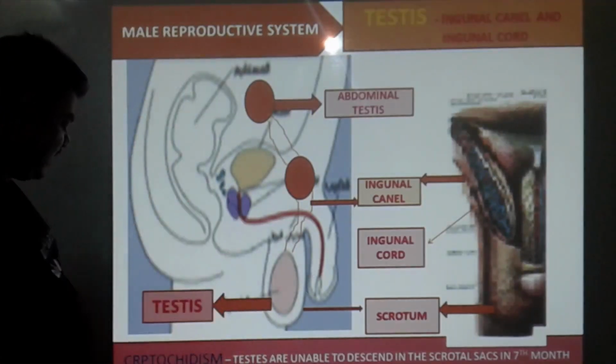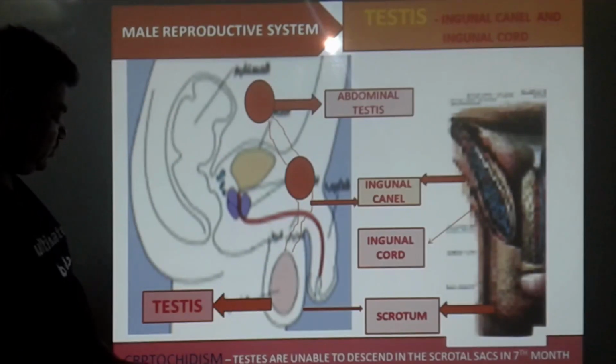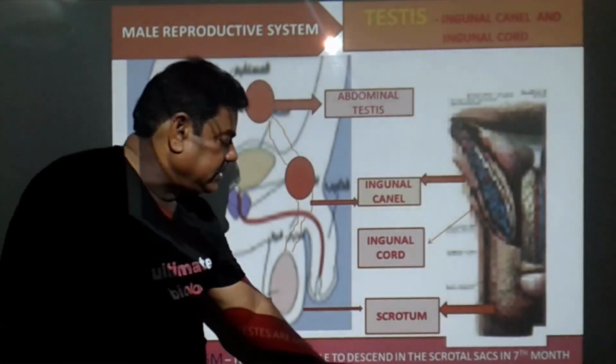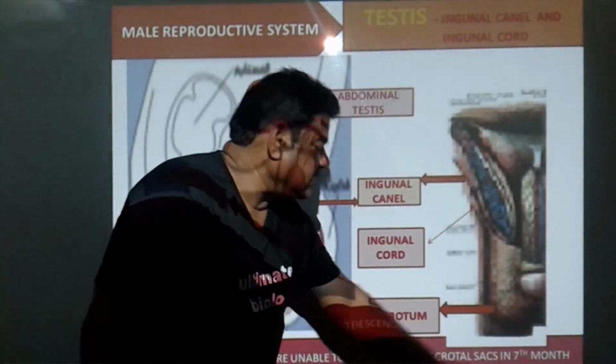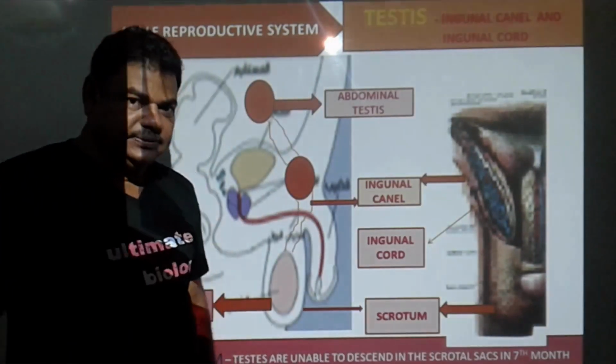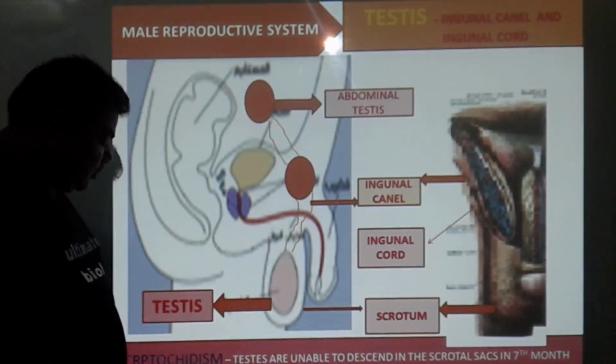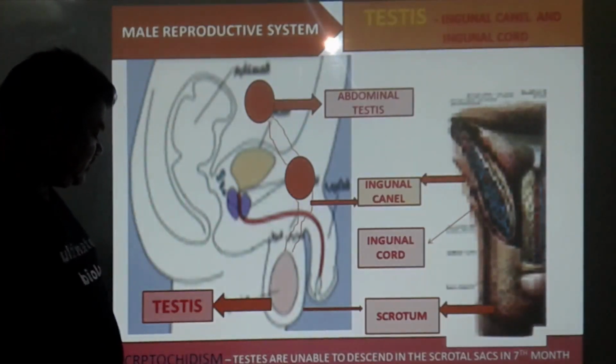That disorder we call cryptorchidism, meaning the testes are unable to descend into the scrotal sac in the 7th month. It leads to this disorder, we call cryptorchidism.